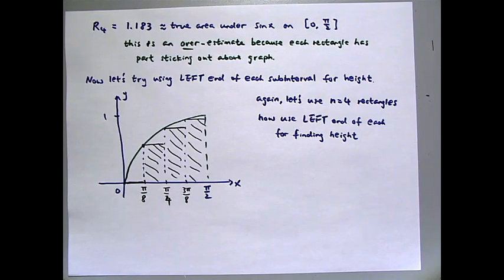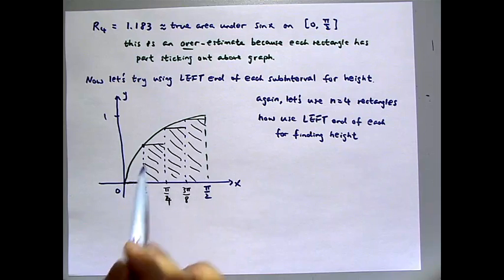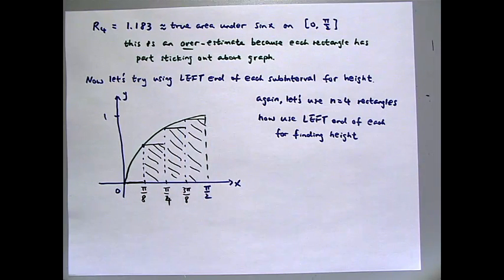It seems pretty clear that this will be an underestimate. Do we agree? Yeah, we're missing here, here, here, and here. The last one was an over, this one's an under. That's okay. There are just different ways to estimate the same thing. You want to be on the conservative side, or do you want to be a little bit more daring with a little bit over, depending on what the application is.